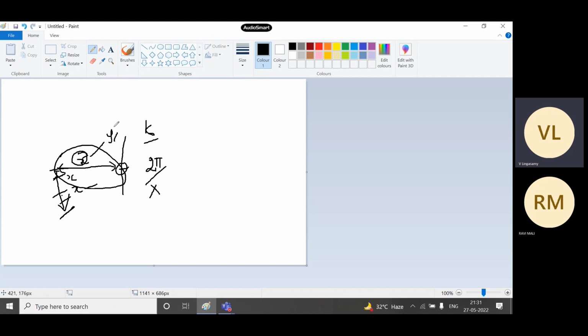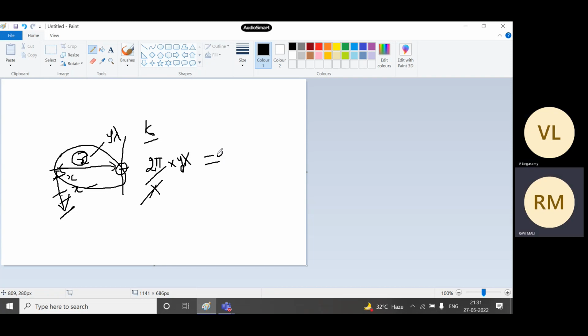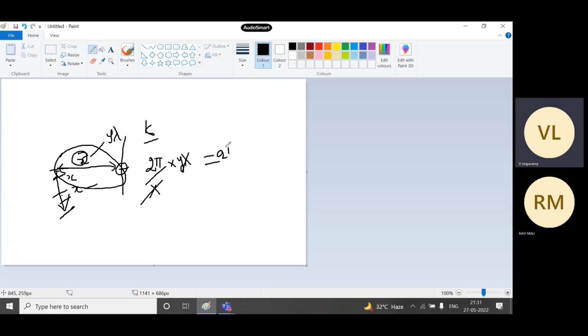I substitute this value, so lambda gets cancelled, then I will get a value of 2 pi into y. Similarly, for the other case it will be 2 pi into y plus something. Accordingly, the phase will be calculated. That's how it is calculated in your case also.